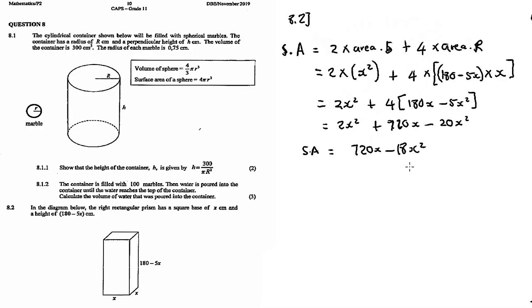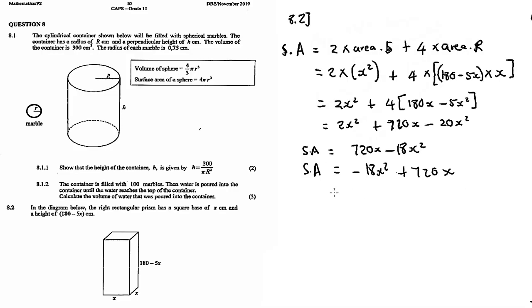Since this is a parabolic function, the parabola opens downward. So the surface area is equal to negative 18x squared plus 720x. This is a parabola in its standard form, ax squared plus bx plus c. We don't have a c in this case.